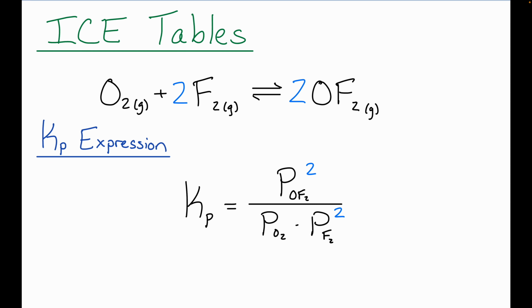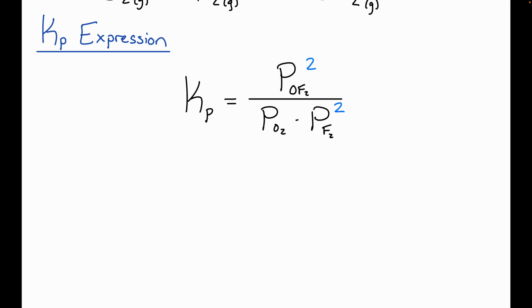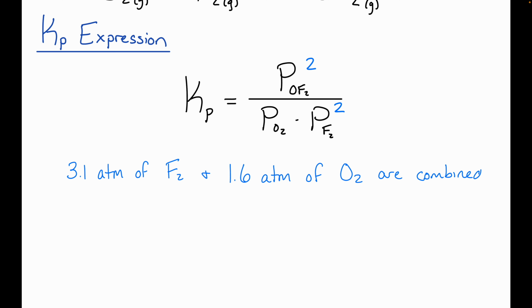All right, so we're going to kick off this reaction. This is the reaction that we're trying to study here. We're going to take some oxygen and some fluorine, and we're going to mix them together in a flask. Let's say that 3.1 atm of fluorine and 1.6 atm of oxygen are combined into our flask.